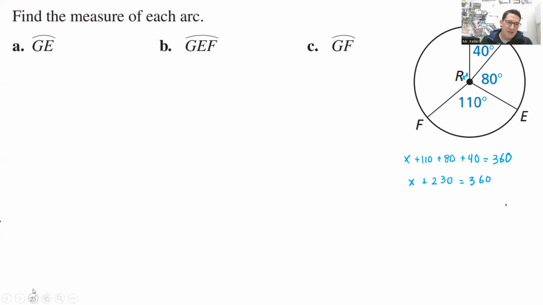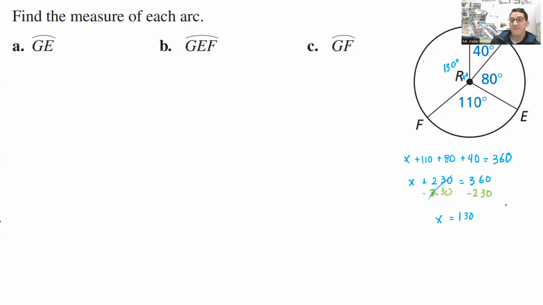And then subtract that from 360. So minus 230, minus 230. So this stuff cancels out. You get X is equal to 130 degrees. So this angle in here, 130 degrees.